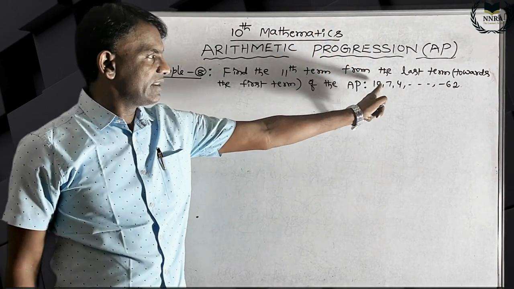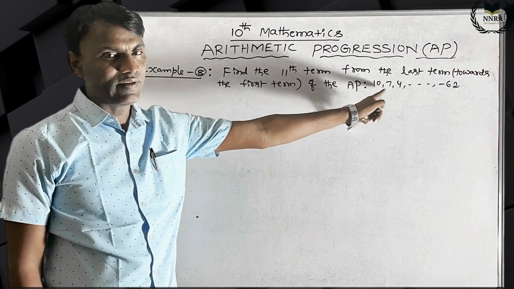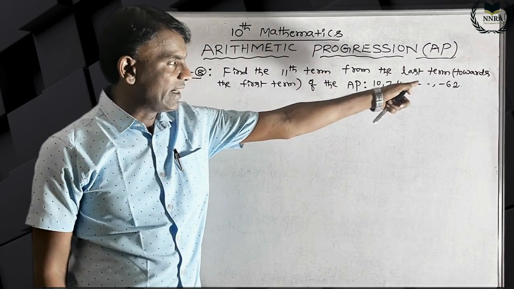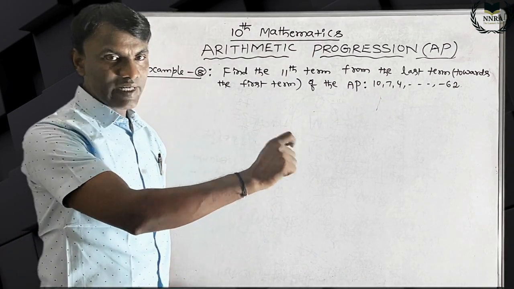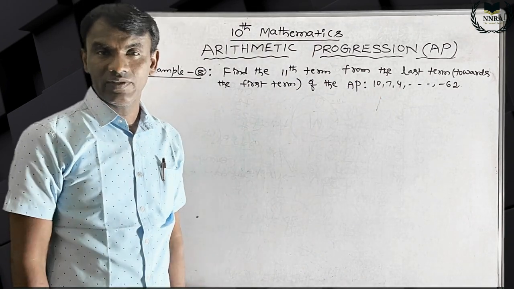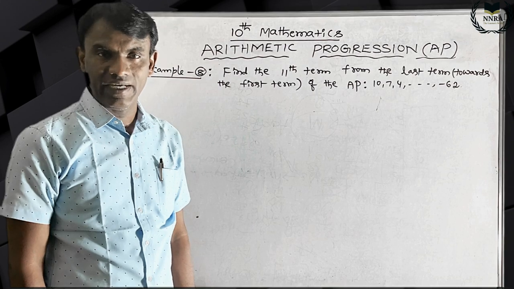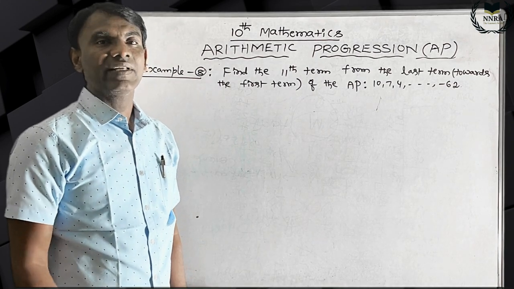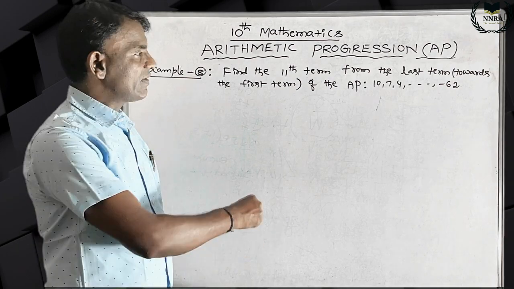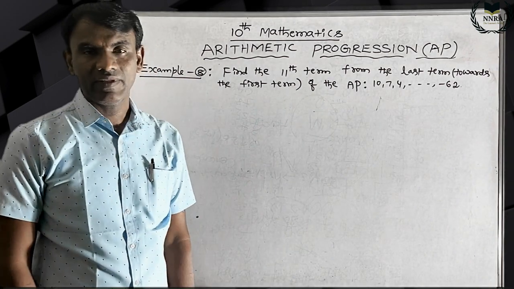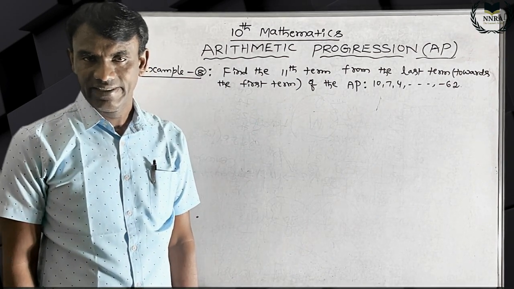In that a equal to 10, the first term, then we write the common difference and we take the last term an value, that is minus 62, and by using the formula an equal to a plus (n minus 1) into d, we find the value of n. After that, by using that n value, we find the required 11th term from the last term of the given AP. Clear?